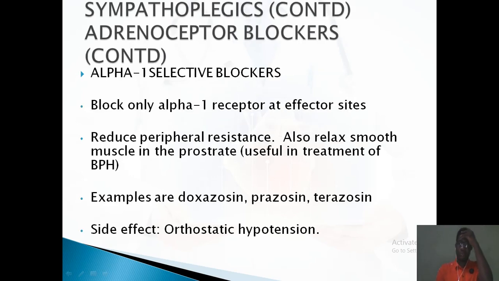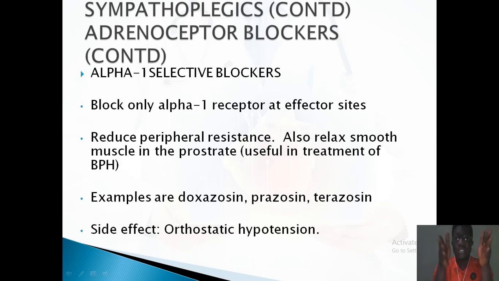So alpha-1 selective blockers block only the alpha-1 receptor at effector sites. These alpha-1 receptors are majorly located in the blood vessels. Blocking these receptors reduces peripheral resistance, because these alpha-1 receptors are responsible mainly for vasoconstriction.